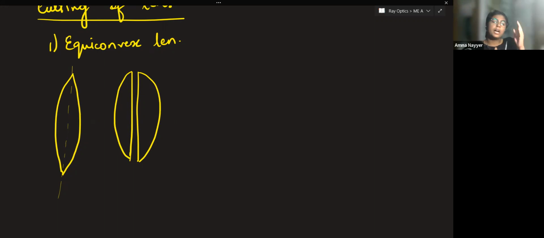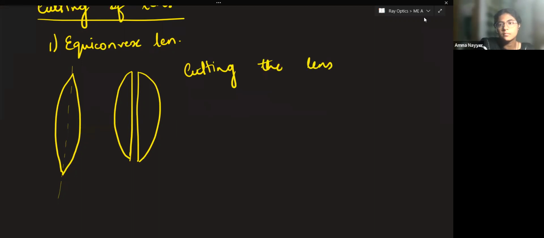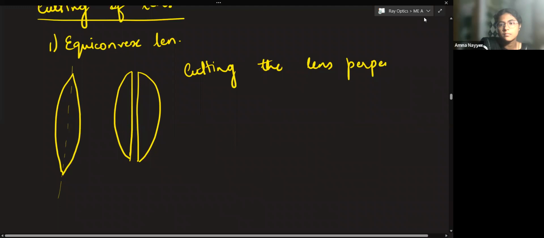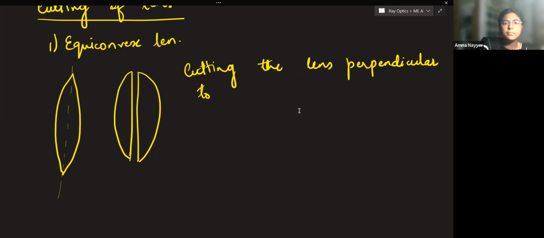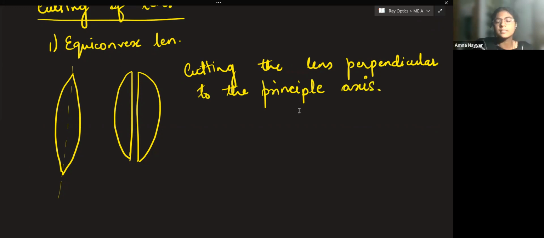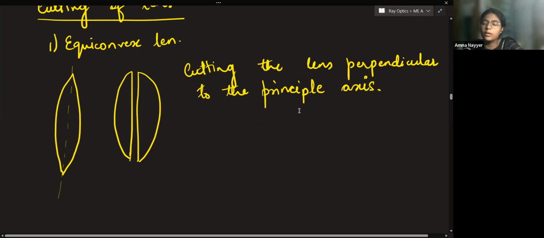So in this case, you have cut the lens perpendicular to the principal axis. This will be mentioned like this only: cutting the lens perpendicular to the principal axis.